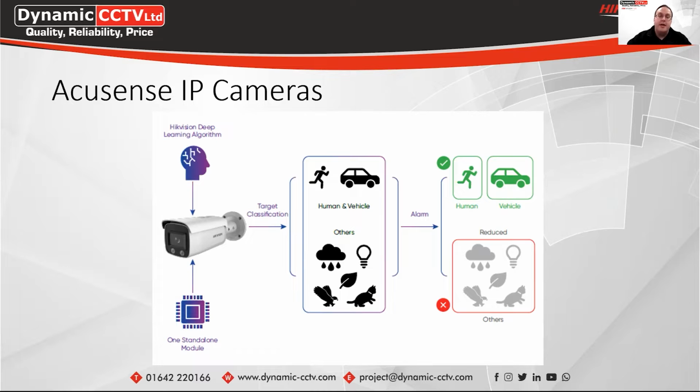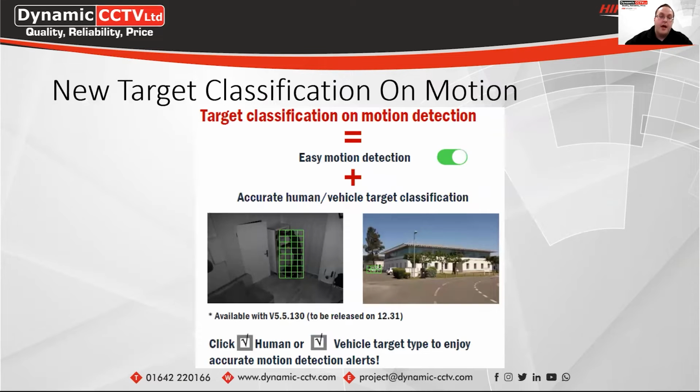It gets rid of those nuisance false alarms, or reduces them, should I say, much better than standard VCA rules, which is greatly improved over the original version 1 of the technology. And this is the newer 2.0, which is now available on the Gen 2 range of cameras.